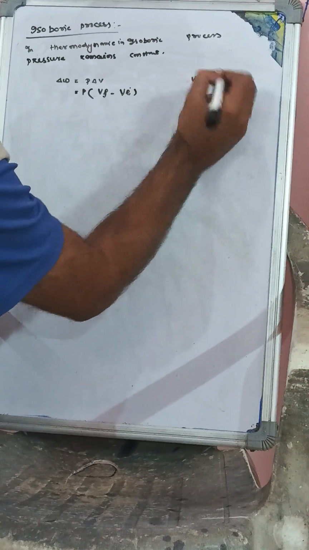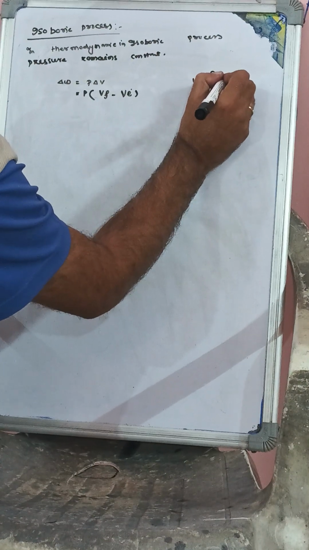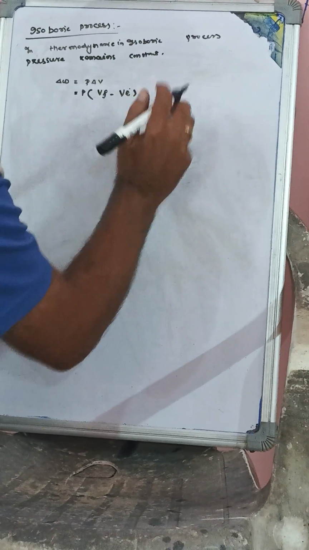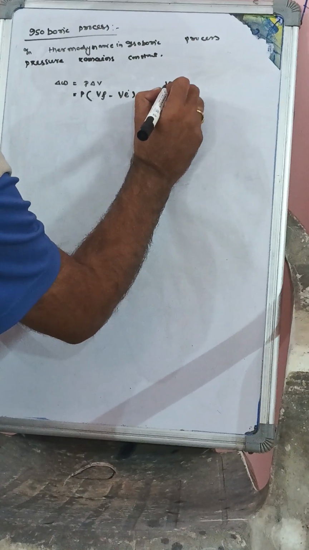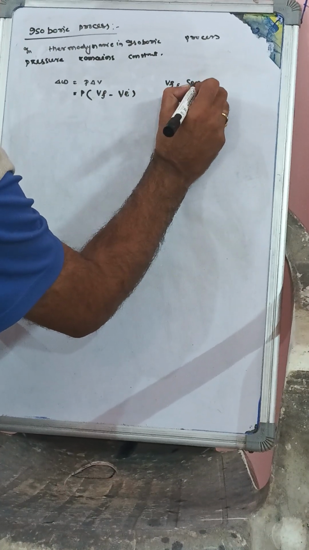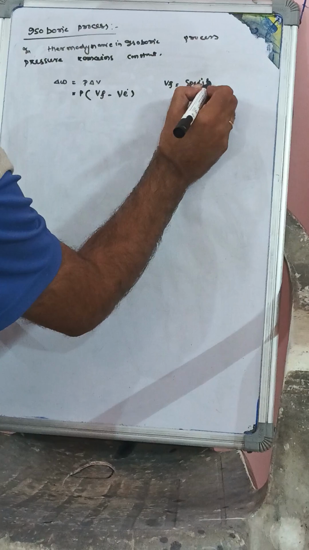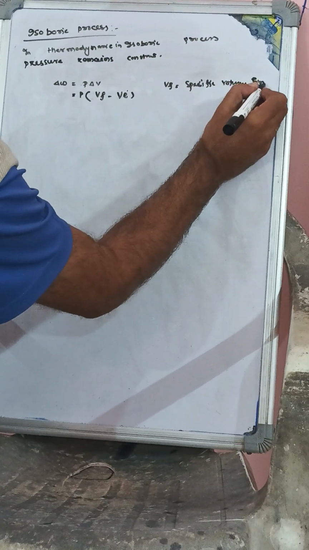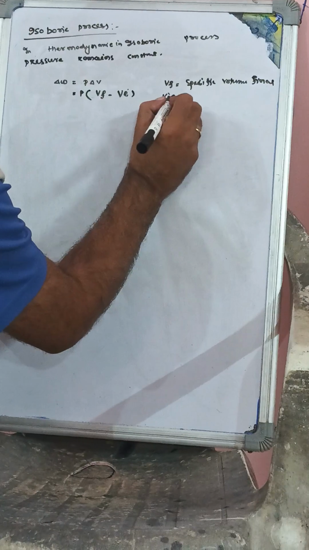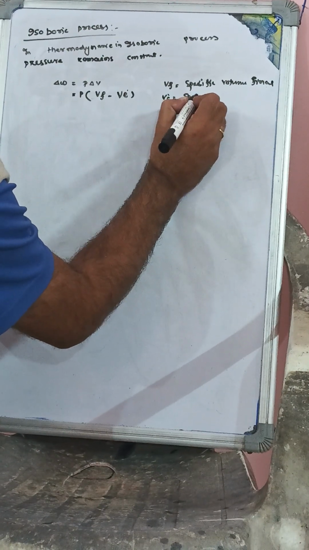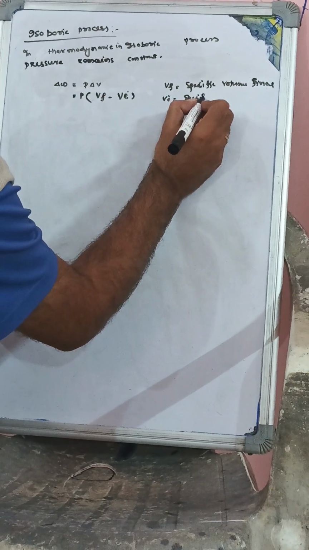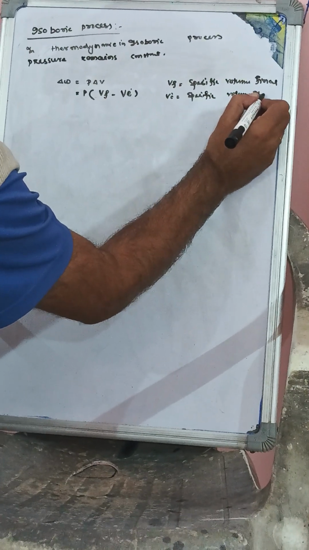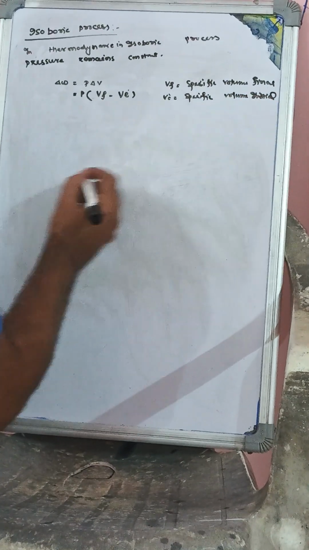Vf is equal to final specific volume, and Vi is equal to initial specific volume.